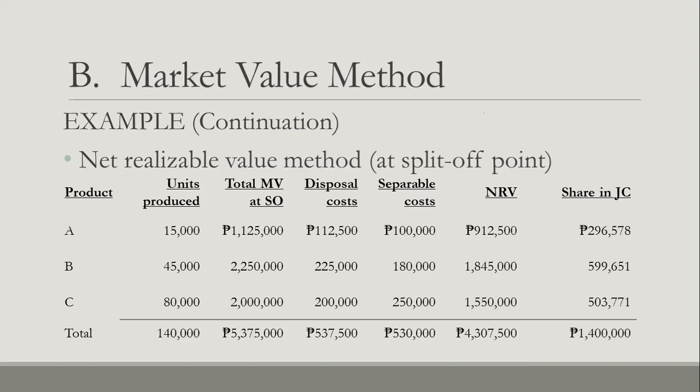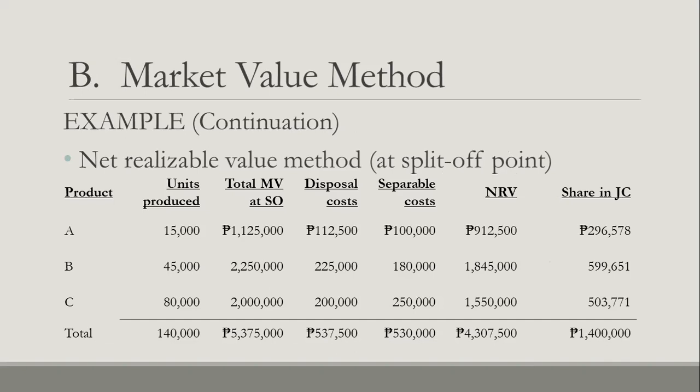We've already determined our total market value at split off point, which was obtained by multiplying units produced by your sales value: your 75, your 50, and I think that's 60 pesos. So you have here again your total market value at split off point of 5,375,000 pesos. And your disposal costs, how was this obtained? 112,500, 225K, 200K.